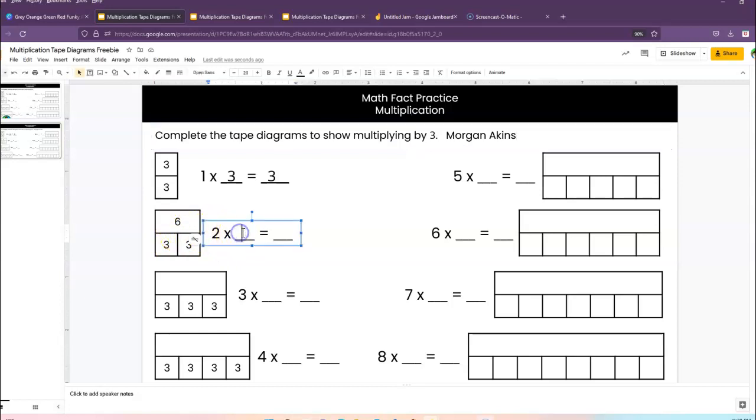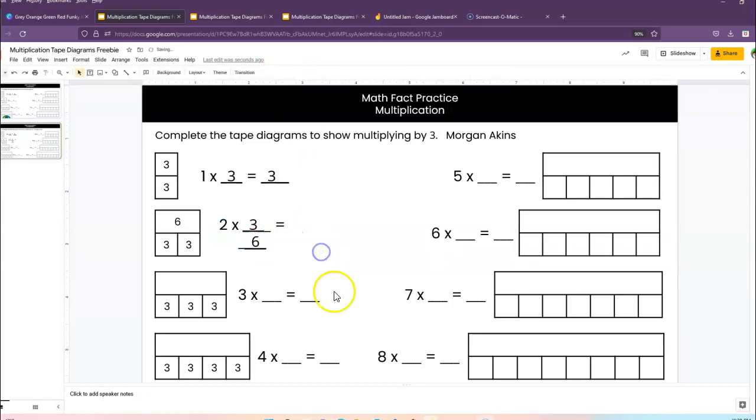So 2 times 3, then you can just highlight it and underline, equals 6. And then highlight and underline, and then go on to this next equation. So we have 3, 3. So 3 times 3 equals, and then you're going to fill it in. Once you're completed, you can go on to the next slide.